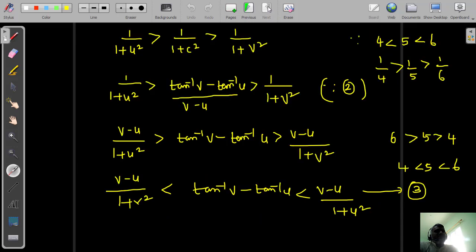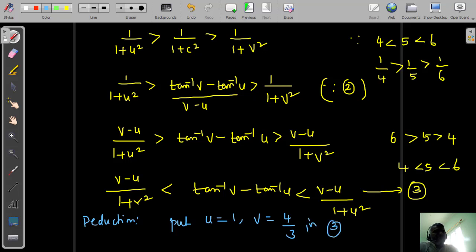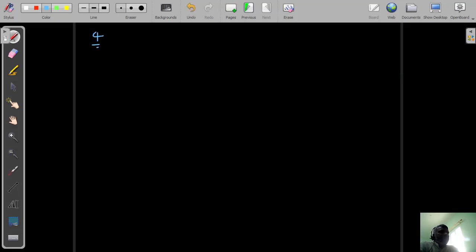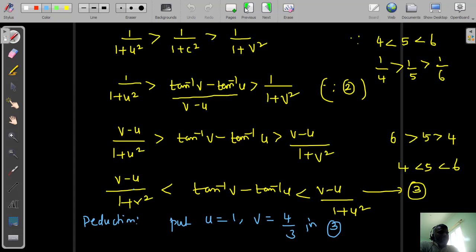So here what I will do is the deduction. Put u equal to 1 and v equal to 4 by 3 in equation number 3, and then simplify. Here the numerator is v minus u, which means 4 by 3 minus 1, divided by the denominator 1 plus v square.